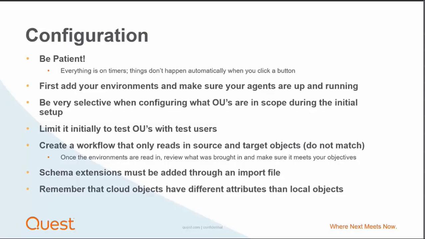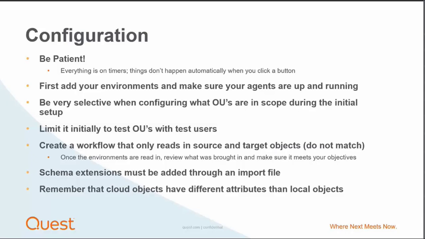Create the workflow that only reads those OUs, because what that buys you is it allows you to look at what we're reading in. So you can actually go into the tool then and look at the content that we picked up based on your criteria. We're just doing a read.